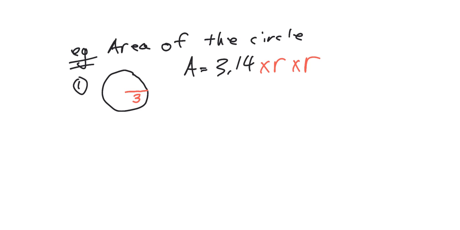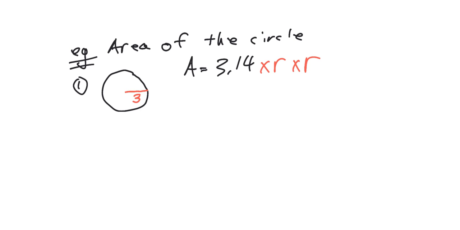Now, imagine that we want to calculate the area of the circle. So I told you before that the area of a circle is 3.14 times r times r. So that means in this case, when we're looking at our circle here, the r value, i.e. the radius, i.e. from the center to the edge, is 3.